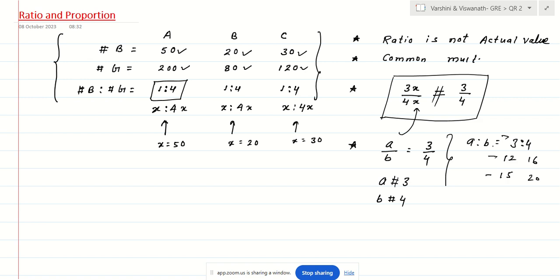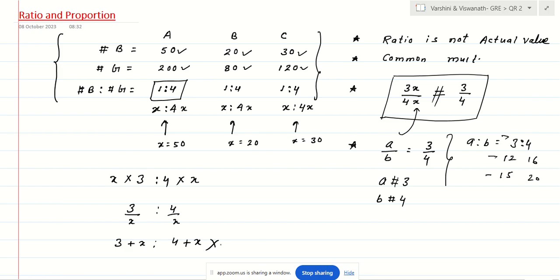And also one point you should know: let's say the ratio is given as 3 is to 4. I can multiply by the common multiplier, correct? I can also divide by a common divisor, right? But I cannot add.